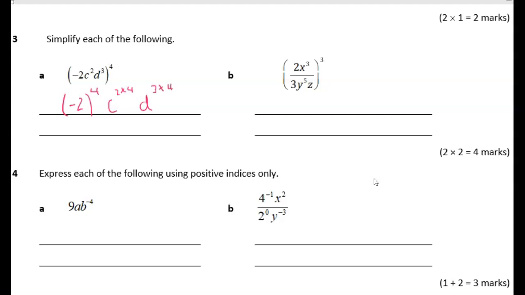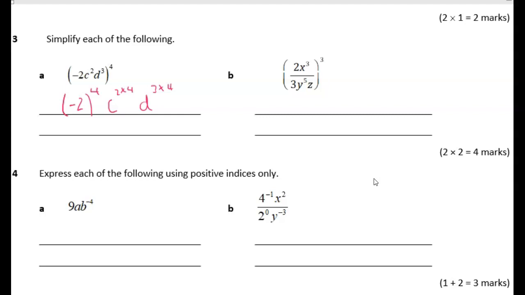Now a lot of people forget about the coefficient, so the -2, so just make sure you didn't forget about that. Now we've got a negative number. When you have a negative number to an even power, that negative becomes a positive, so it's basically 2 to the power of 4. That's because a negative times a negative gives you a positive. But if we had a negative times a negative times a negative times a negative, it still gives you a positive.